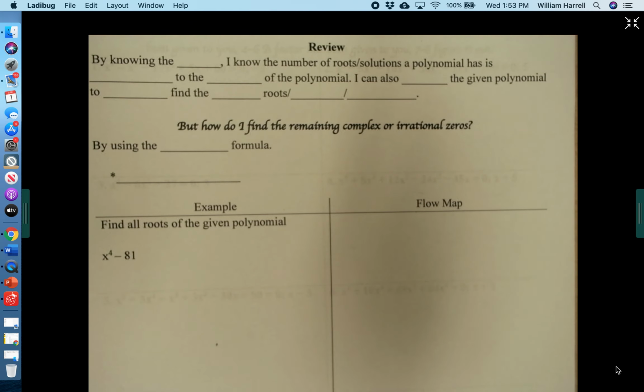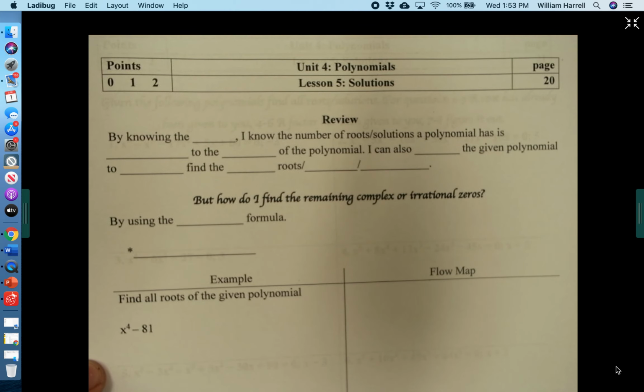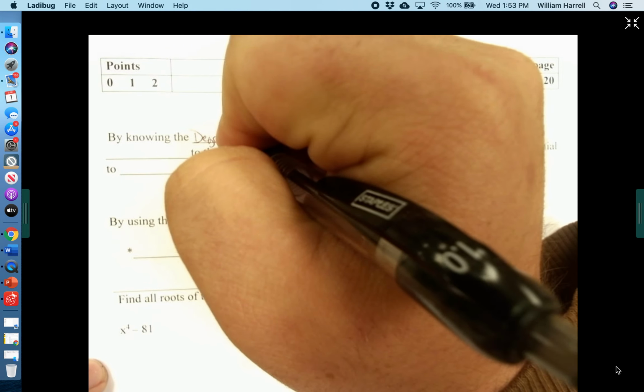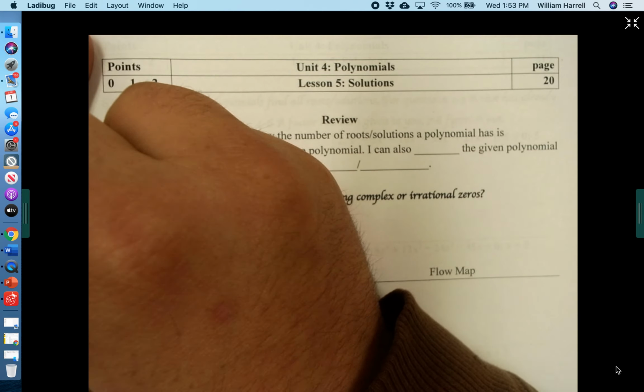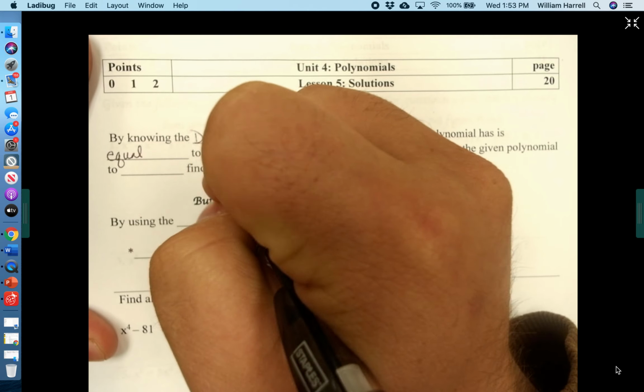So we're going to start on page 20 and do some quick review. By knowing the degree of a polynomial, you know the number of roots or solutions a polynomial has is equal to the degree.